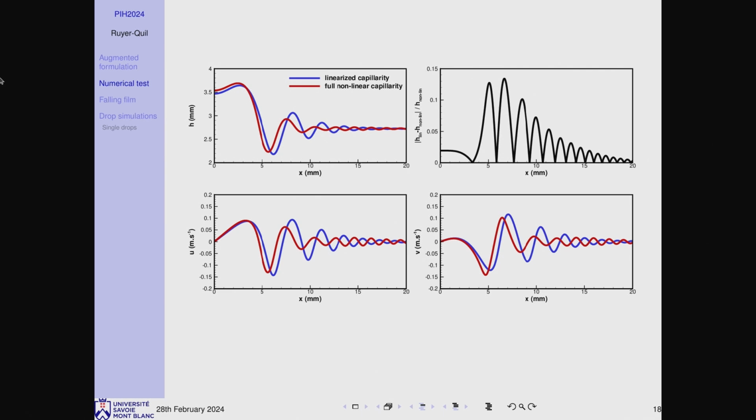So this is the difference between the two elevations. You can see this is quite an important difference, even at long distance. So taking into account the full curvature is quite important in that case. And this is also the velocity in the x direction and the normal velocity v here. So you can see that for the velocities there are also quite some effects.